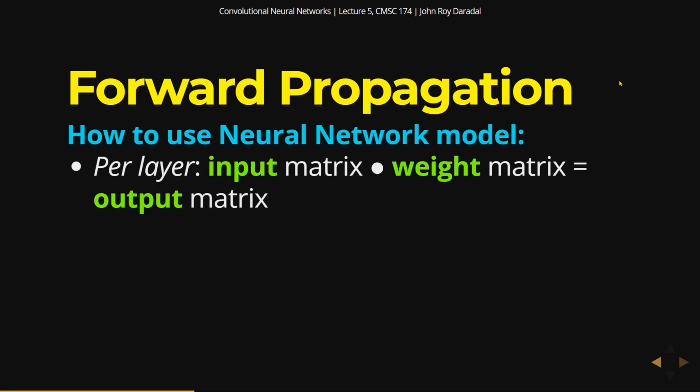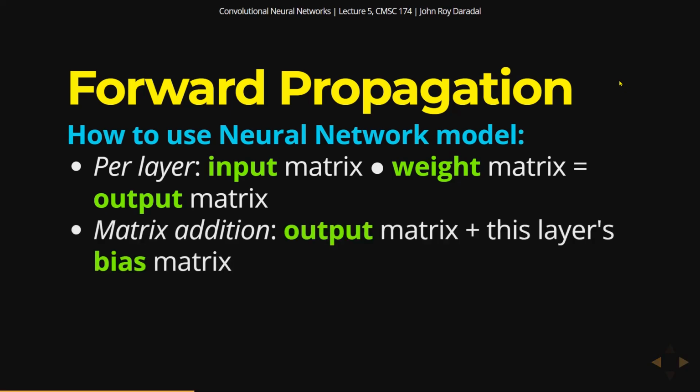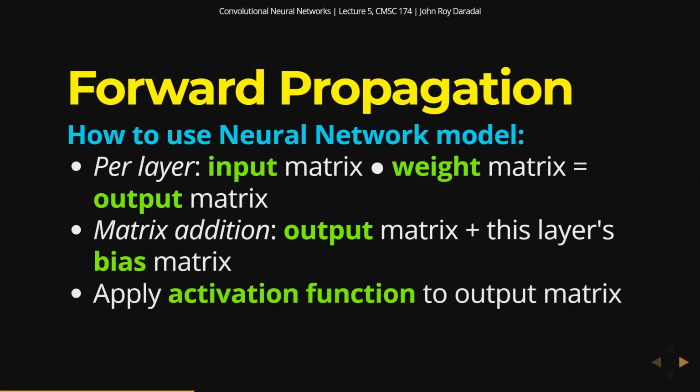After that, we also have to process the bias. So for the output matrix, we need to add the bias matrix of that layer, since remember, each layer has a weight and a bias. So we'll do matrix addition, and then after that, we will apply the activation function.